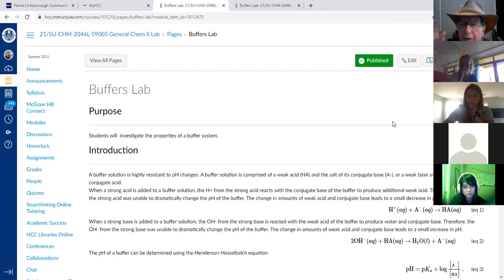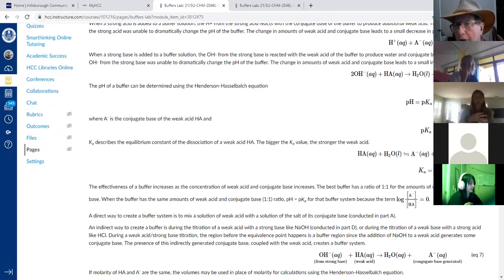So you at least have been exposed to what the Henderson-Hasselbalch is, and it's really quite a useful equation because it gives you a way to make buffers at pHs other than where the pKa is. And it's fairly simple to use as long as you know how to use logs.